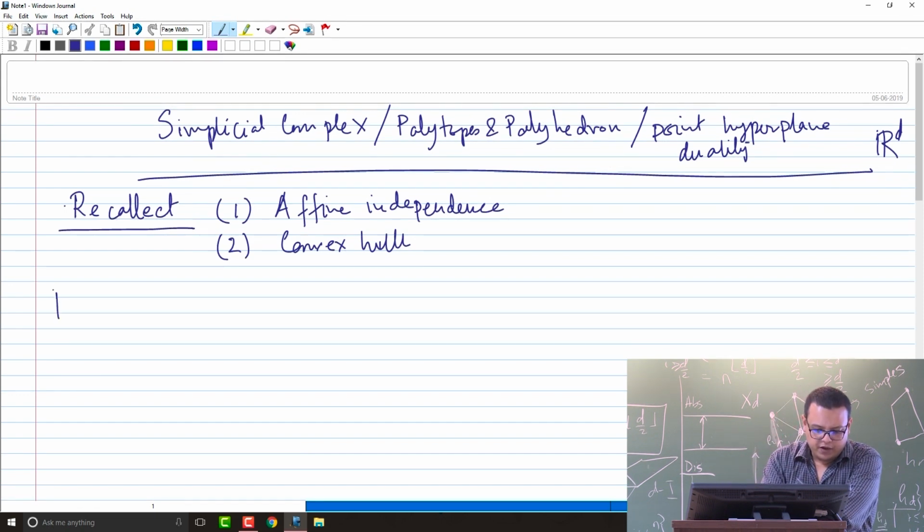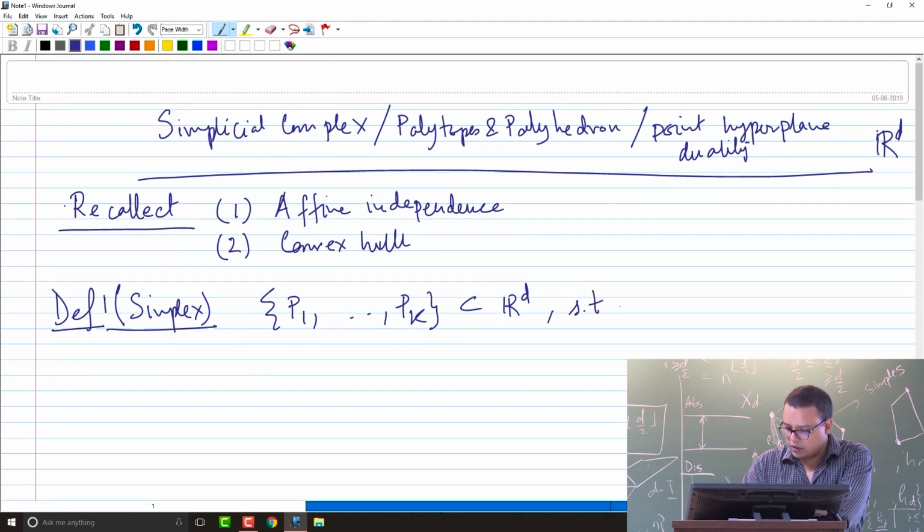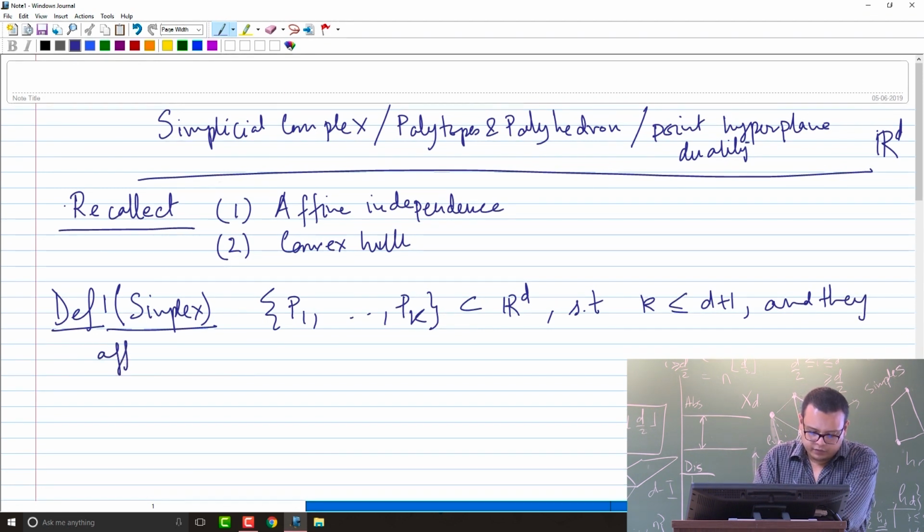Let's define a simplex, or simplices. Definition 1. Let's say you have a set of points P1 to Pk in R^d such that k is less than or equal to d plus 1 and they are affinely independent.